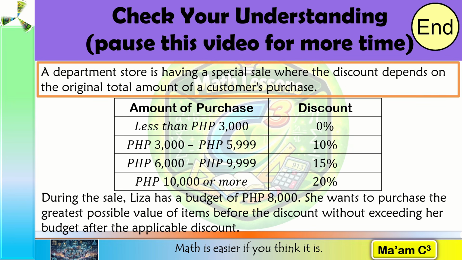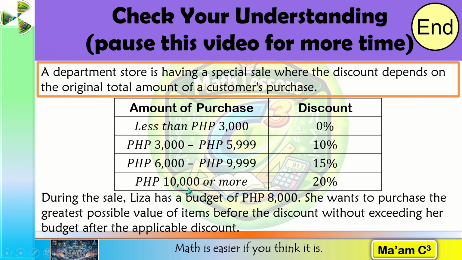Let us answer. A department store is having a special sale where the discount depends on the original total amount of a customer's purchase. So for amount of purchase less than 3,000, there is no discount. For 3,000 to 5,999, there will be 10% discount. For 6,000 to 9,999, 15% discount.